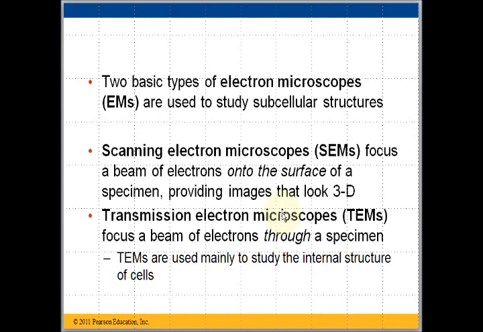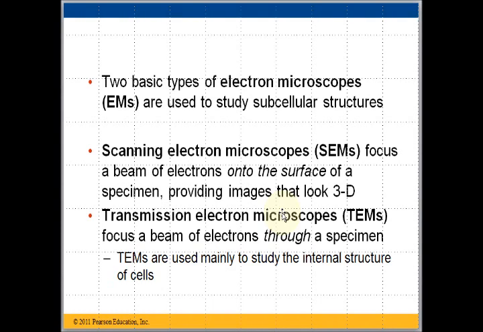Electron microscopes are very good for studying subcellular structures, and the way they work is by basically, instead of shooting beams of light, you are shooting beams of electrons. And of course, electrons are very, very tiny, so you have, again, a finer ability to look at smaller objects. There's basically two different kinds.